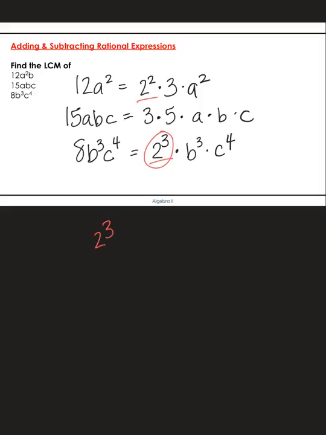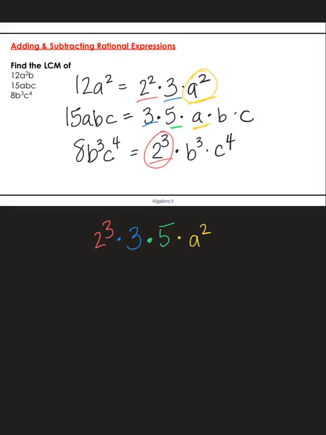Then I have a 3 and a 3, so the highest occurrence of 3 is 3. Then I have a 5, so the highest occurrence of 5 is a 5. Then I have a squared and an a, so the highest occurrence of a is going to be a squared.